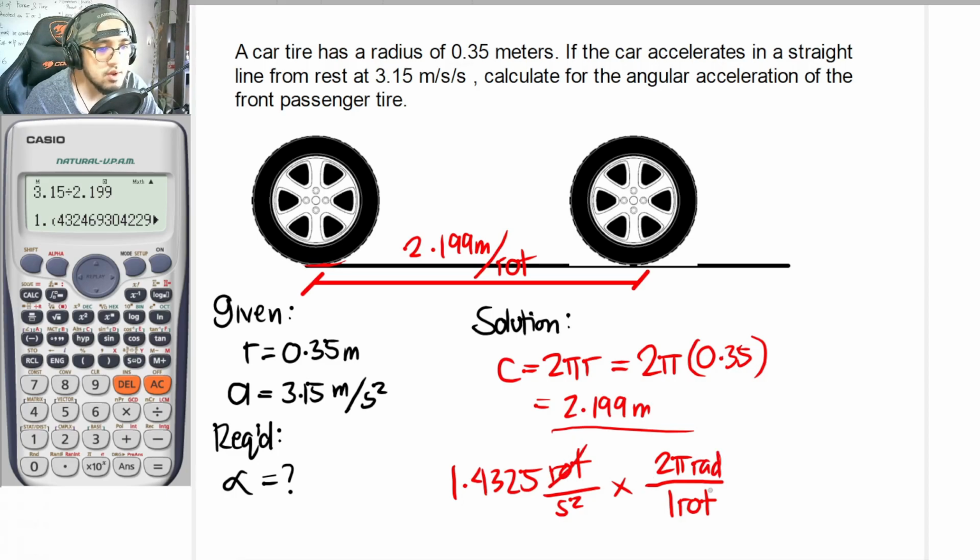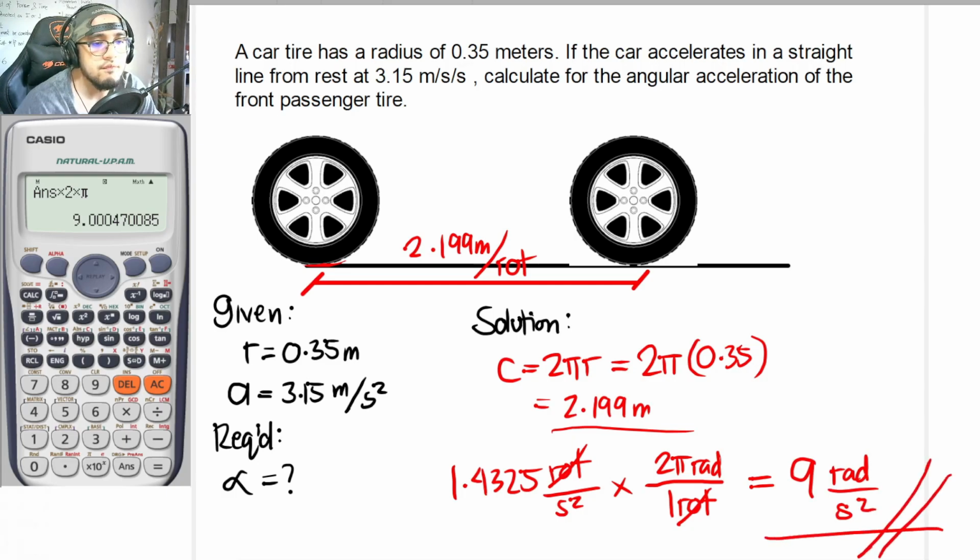So rotations would now cancel out, and I will just be multiplying 1.4325 times 2 times pi. So basically, that is now 9 radians per second squared. So this is now our final answer in this problem.